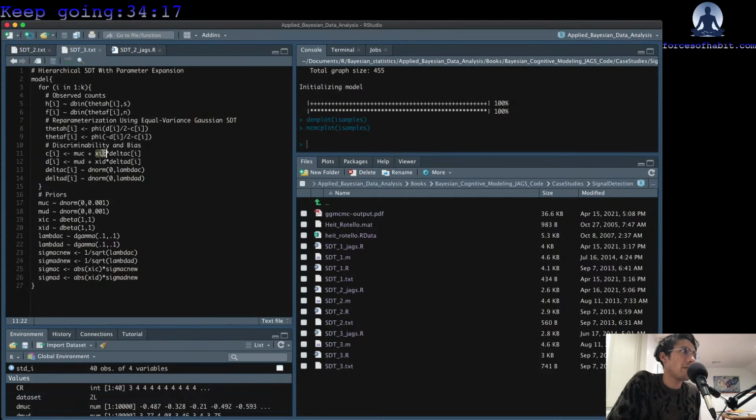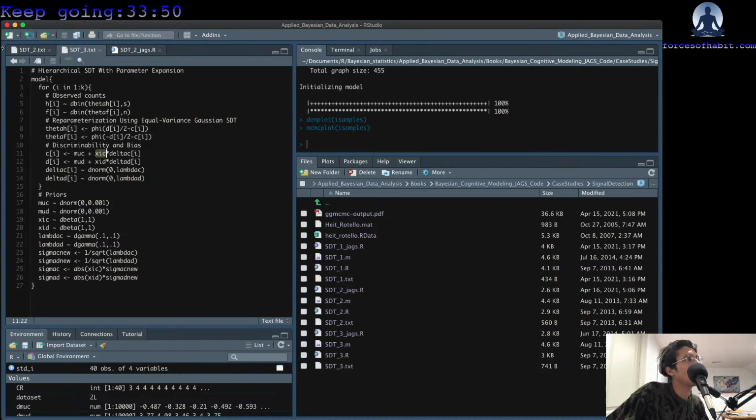Since it's uninformative, it's not changing the results, but the parameterization helps escape situations where we have these variance traps. It's pretty clever.